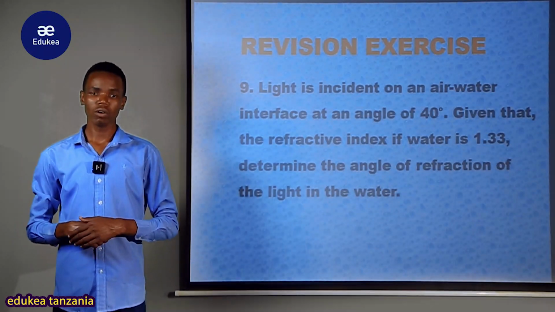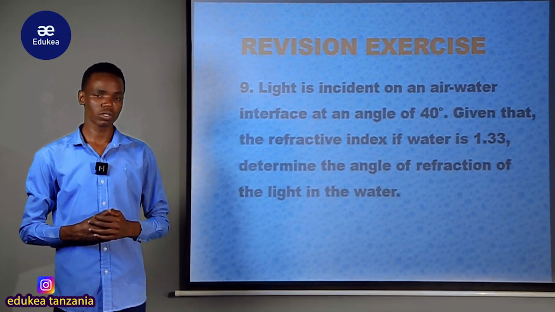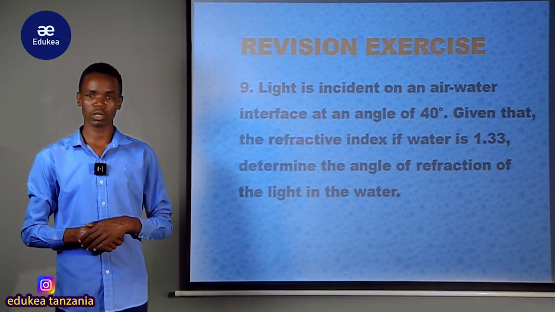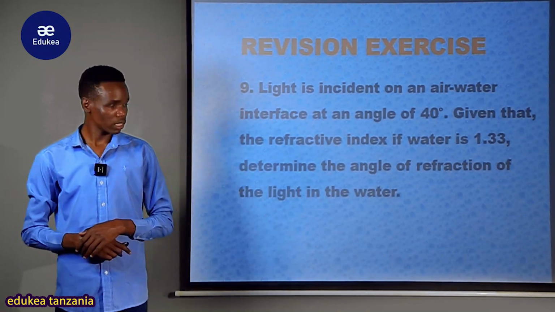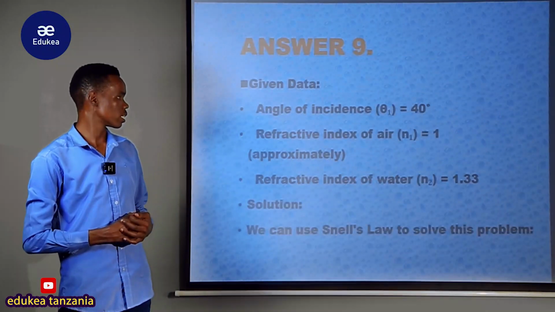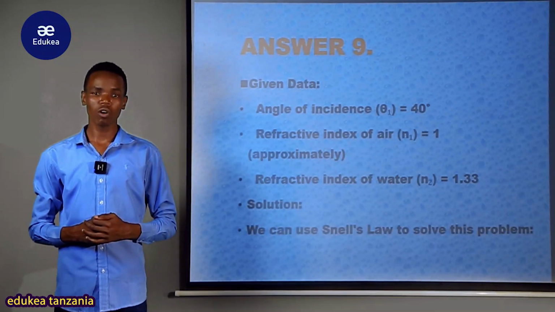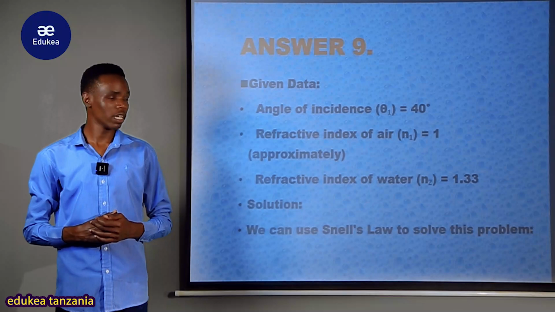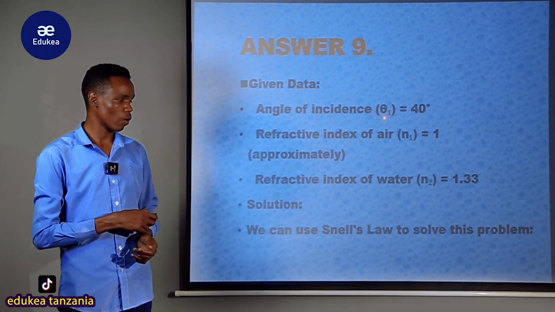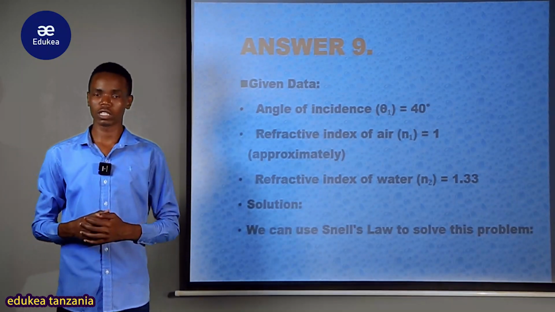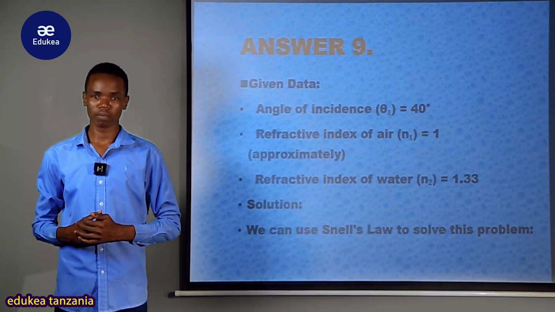Let us see the values given. The angle of incidence, which we term theta 1, equals 40 degrees.